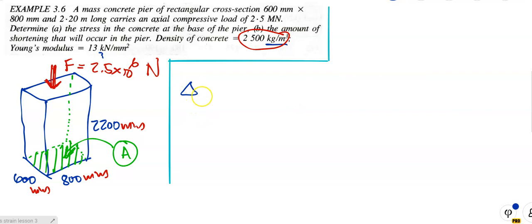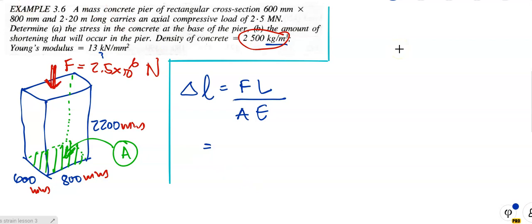Delta L is equal to the load acting multiplied by the original length, over the total cross-section area times E. So what's the total load? Let me check what the total load was again.